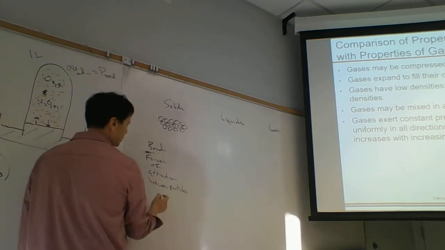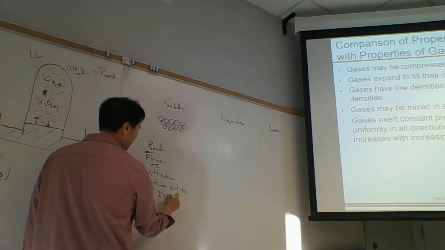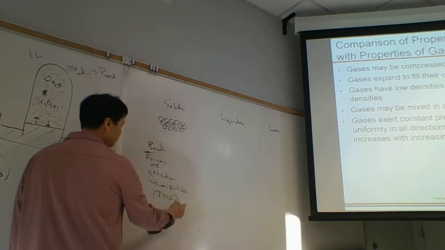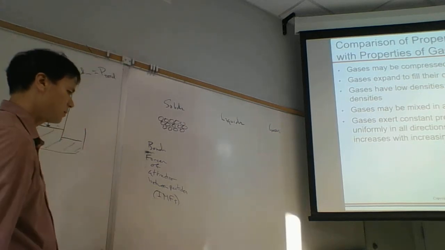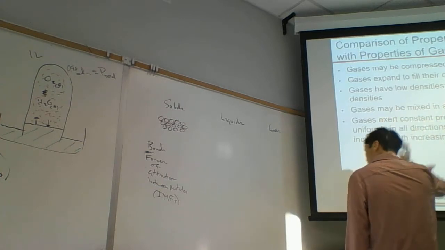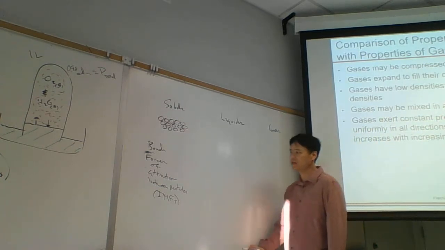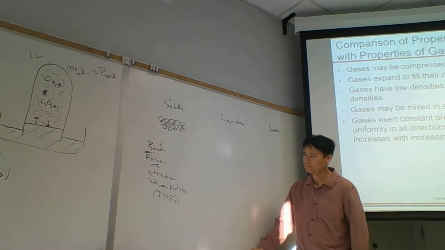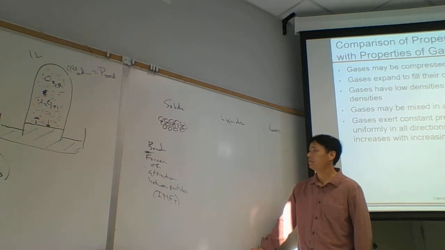Forces of attraction between particles, which we call the IMF. IMF stands for intermolecular forces, but particles need not be molecules. Molecular is just used as a global term to represent any kind of particle, whether it's an ion, an atom, or molecule. We'll call it molecular, but just for this, intermolecular forces, or IMFs.